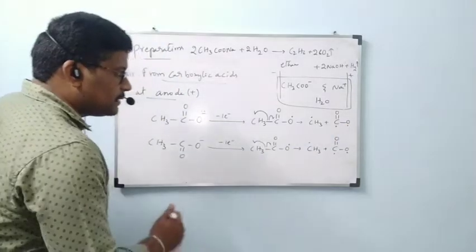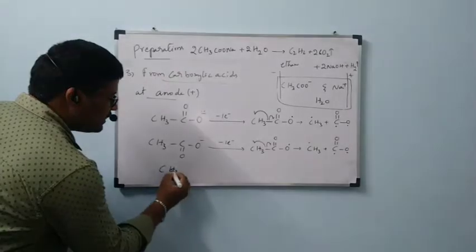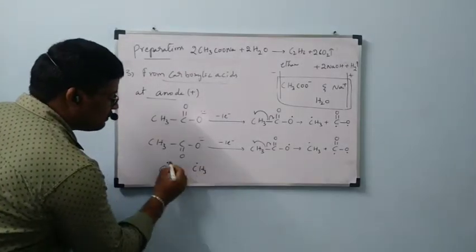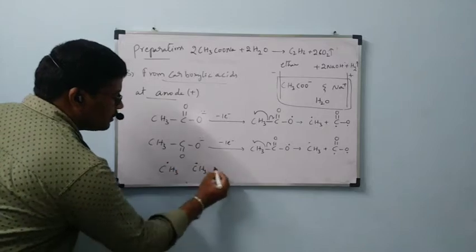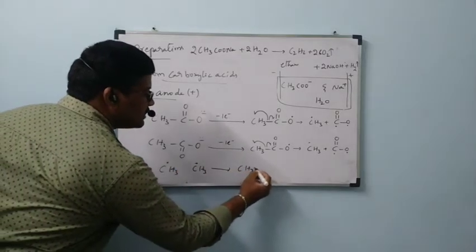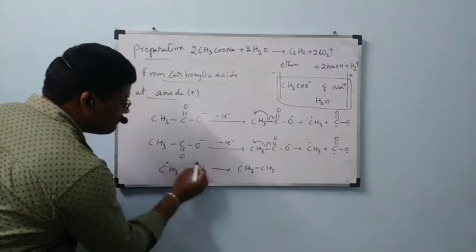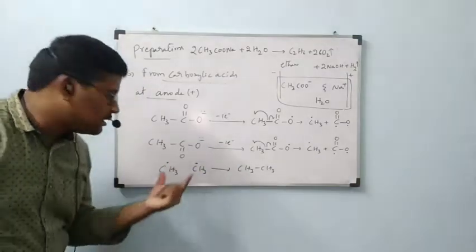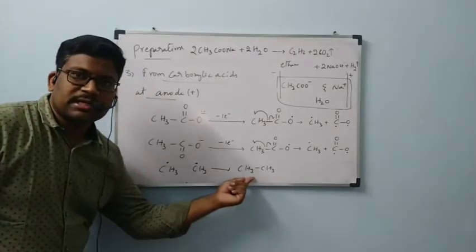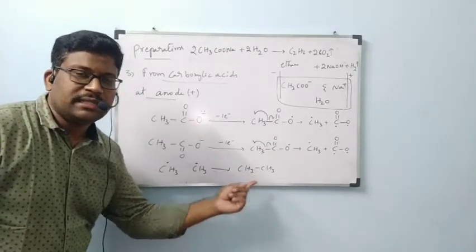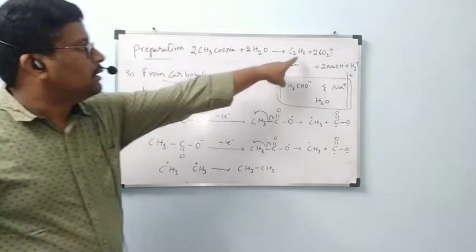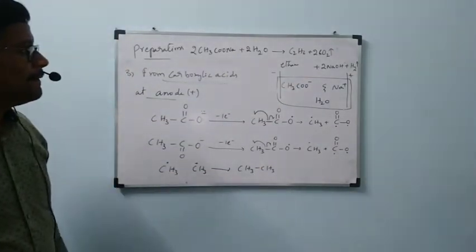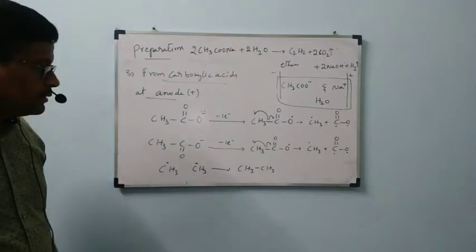Okay, now next step. That CH3 free radical will be combined to form CH3 single bond CH3. These two will form a bond. 1 electron is there, equal sharing will happen to form CH3 single bond CH3, ethane. Ethane is formed.